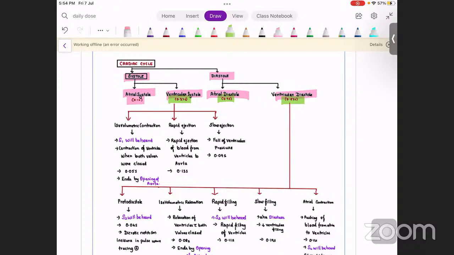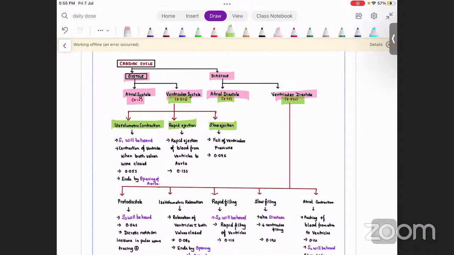We are not going to discuss anything about the atria here, only ventricular systole and ventricular diastole. What are the phases in the ventricular systole? Isovolumetric contraction, rapid ejection, and slow ejection.